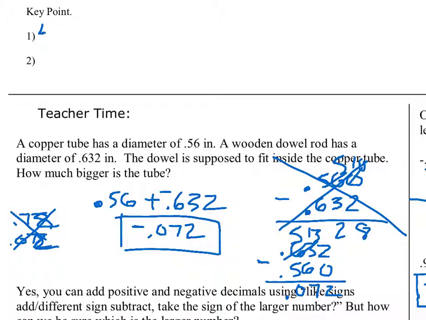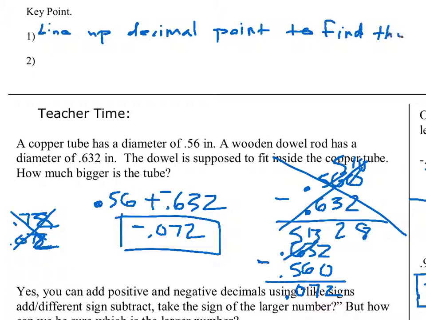Why are we lining up the decimal points? There are actually two reasons why we line up the decimal points. What do we line up the decimal points for? Jacqueline? Yeah, line up decimal points to find the larger value. Ms. Ross.